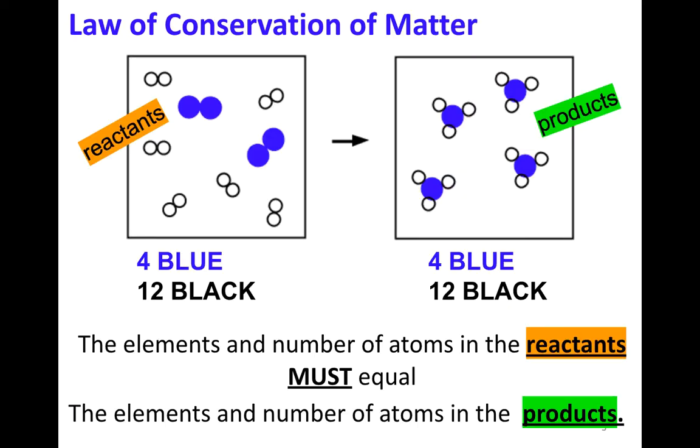So let's take a look at that picture that we looked at before. We had the reactants and the products, and the elements and the number of atoms have to be the same on both sides.